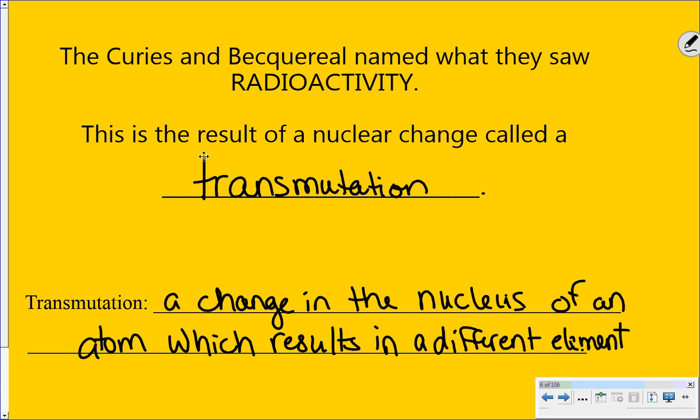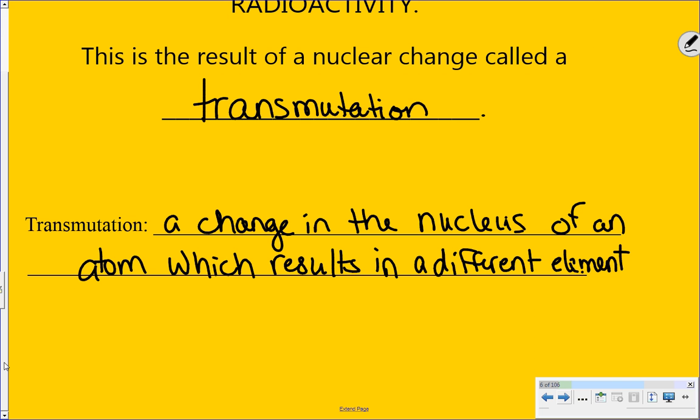So we're going to look at transmutations in this unit, and what you will actually see is that some elements give away different emissions, different amounts of particles, that completely change the identity of that atom because the nucleus has a different content. So we can actually have a different number of protons, thus making it a fully different element.